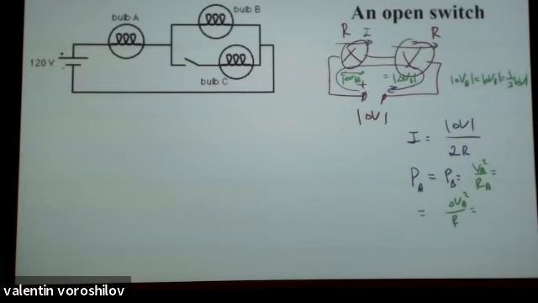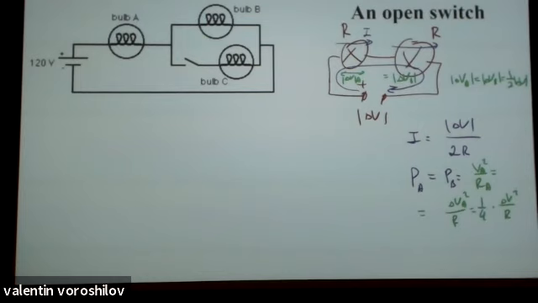So 1/2 squared, 1/4 of the total voltage squared, divided by the resistance of 1 bulb. Done.